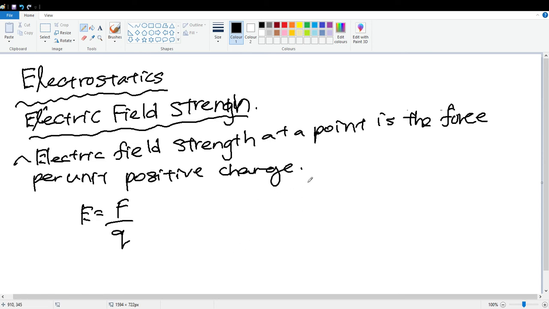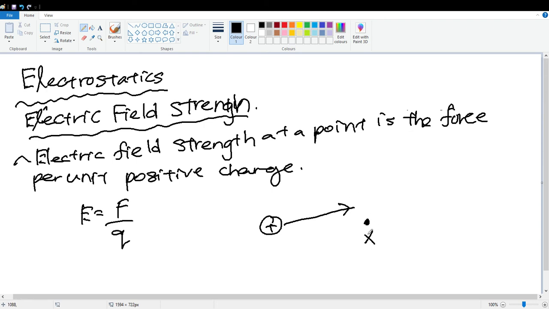So what the statement means is, let's say I have my positive charge. This is one of the points, so I denote this point as X. The electric field strength, which is towards here, is actually the force per unit positive charge exerted at the point X. So how should I describe this?